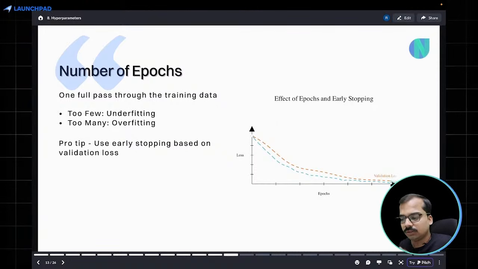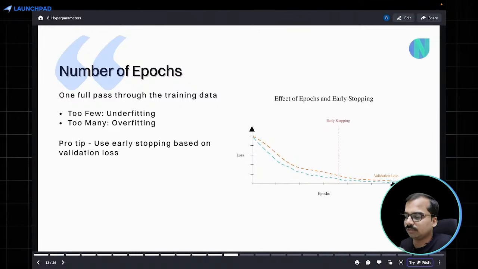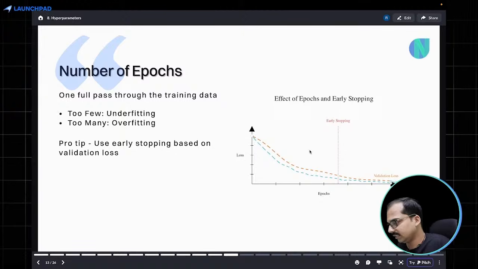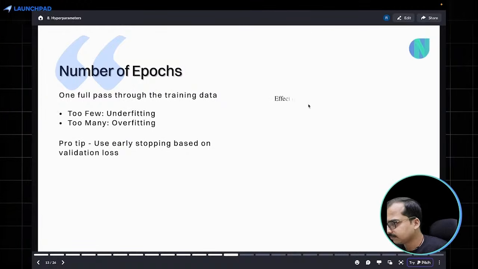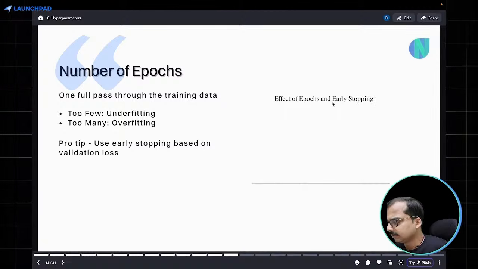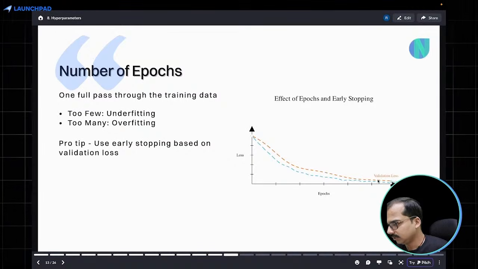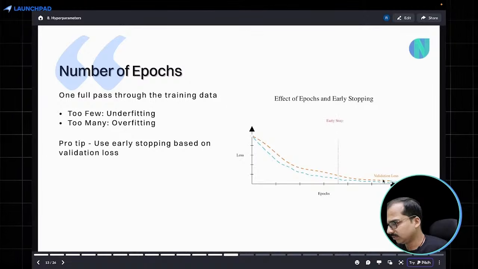So there is something called early stopping, which uses the loss on your validation set as an indicator of when to stop. If you see in this graph, here we have epoch and loss, and loss goes down, and after a certain time your validation loss becomes almost constant.